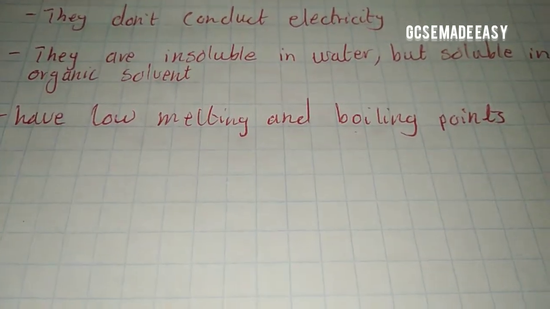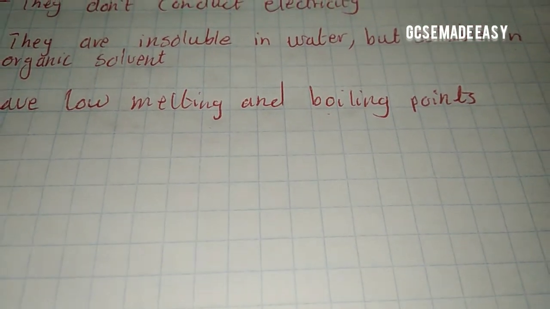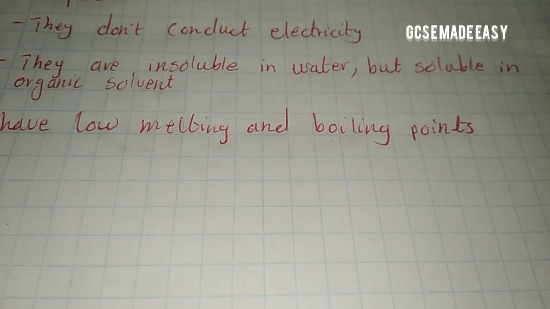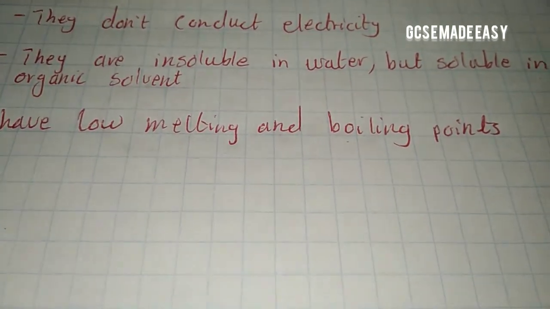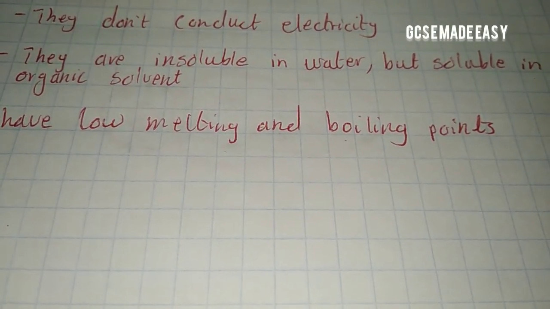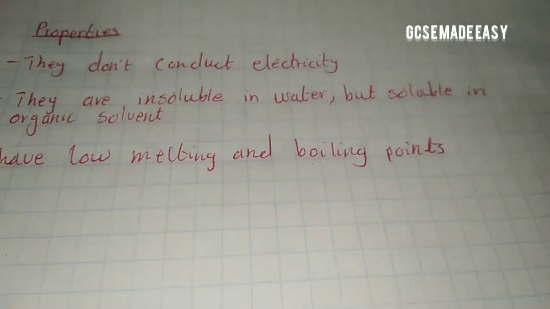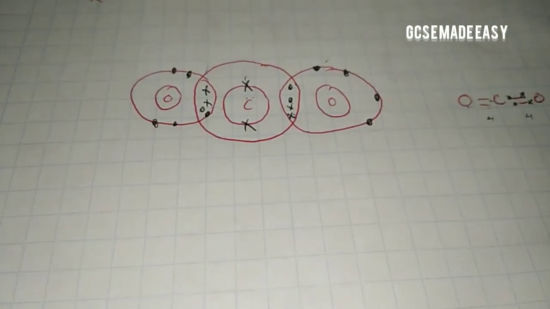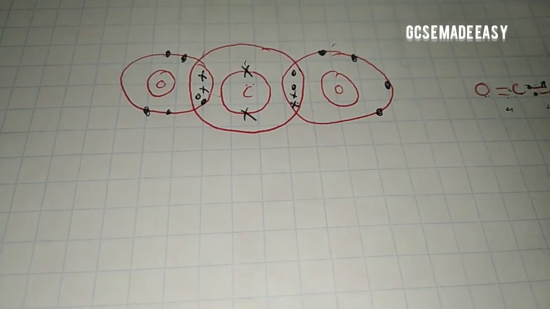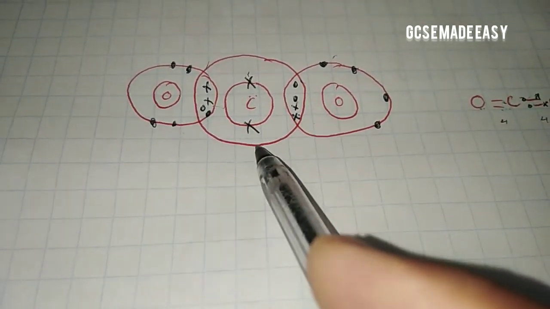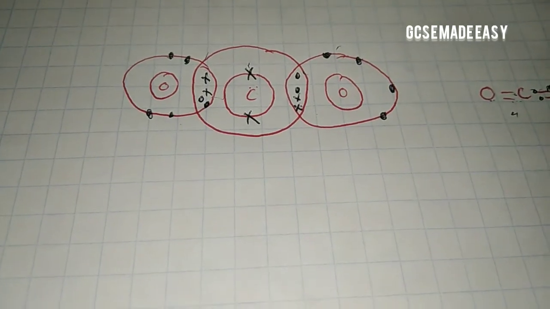Then the last one is that they have a low melting and boiling point. The reason why they have a low melting and boiling point is because of a weak force of attraction between the atoms. You can see that in the formation of those compounds, it is only the sharing of electrons. That means the bond between carbon and oxygen is weak.